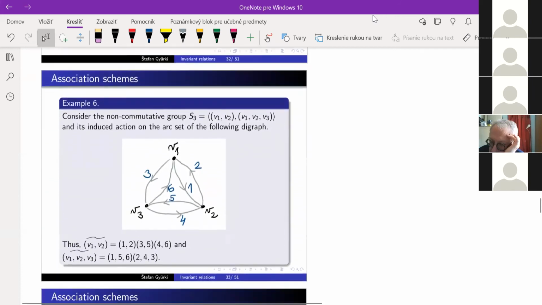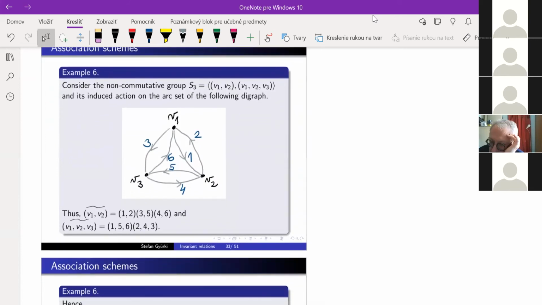And let us consider a little bit more complicated example. We can represent the symmetric group on 3 elements in usual way, but now I was not using symbols 1, 2, 3, I was using instead of them V1, V2, and V3 in order to indicate the vertices of a graph which is on the figure.